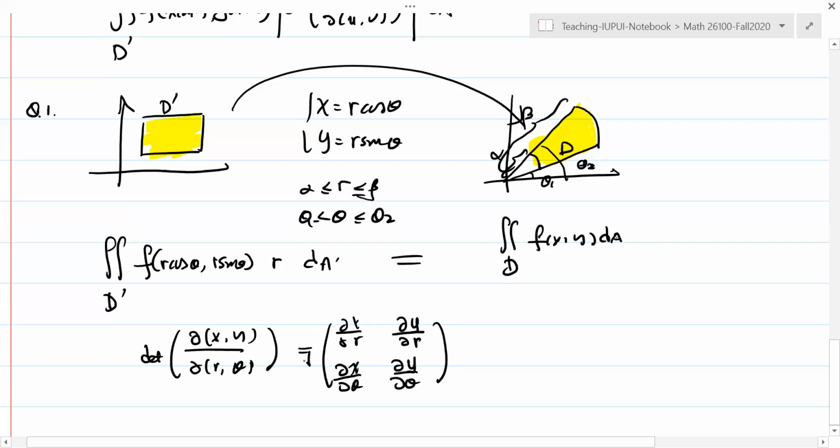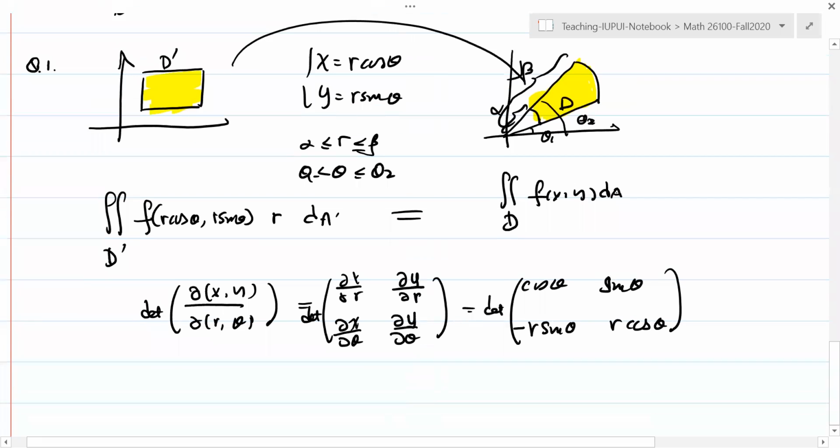Put the determinant here. Then when you differentiate, you get cosine theta, sine theta, and then negative r sine theta and r cosine theta.